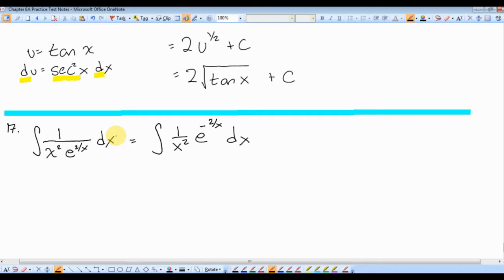Negative 2. It's 2x to the negative 2. Yeah, negative 2 over x squared. It's a U substitution.